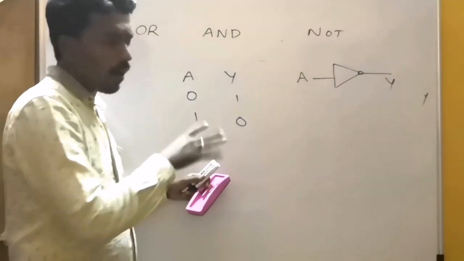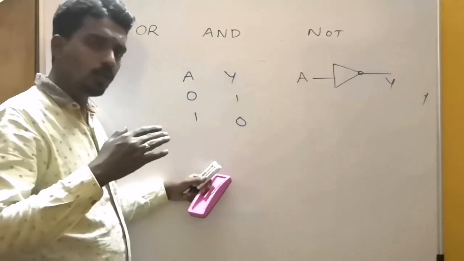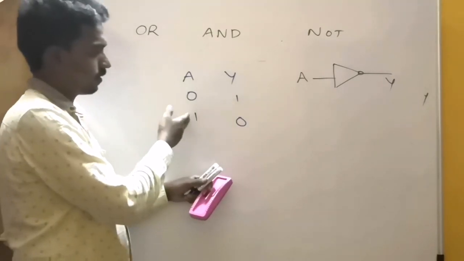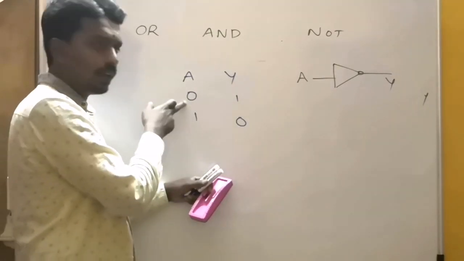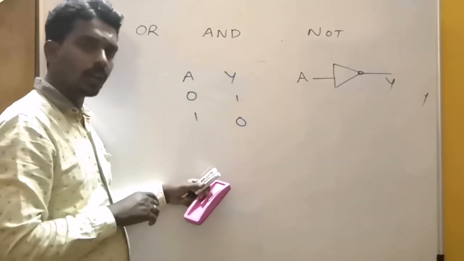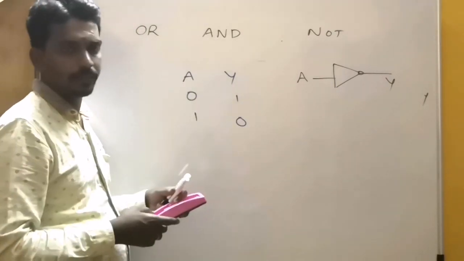So NOT gate means when you give the input, the output will not come. When you don't give the input, then output will come. Such a kind of circuit we call a NOT gate.